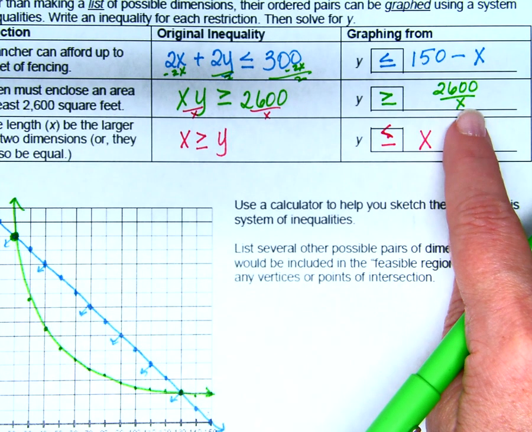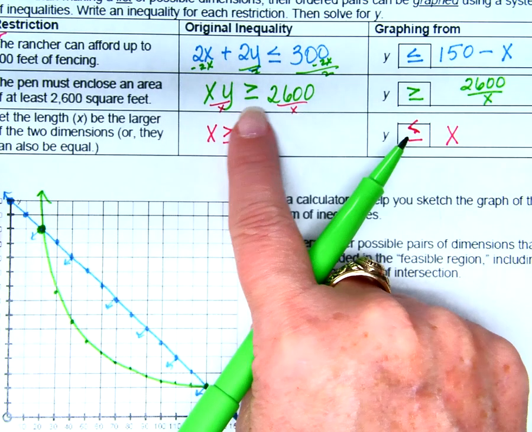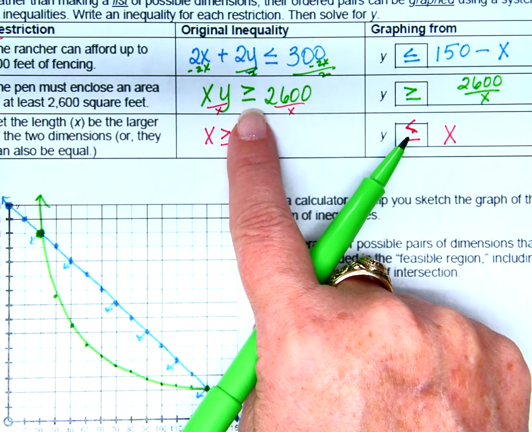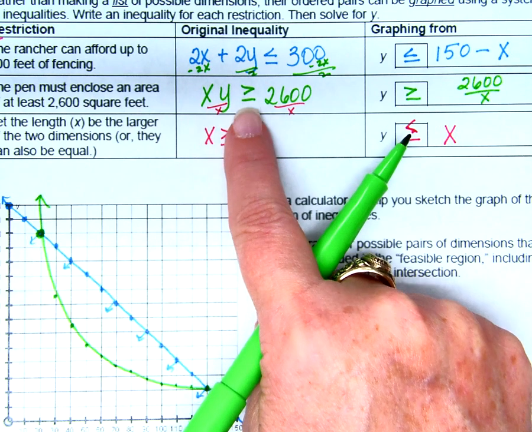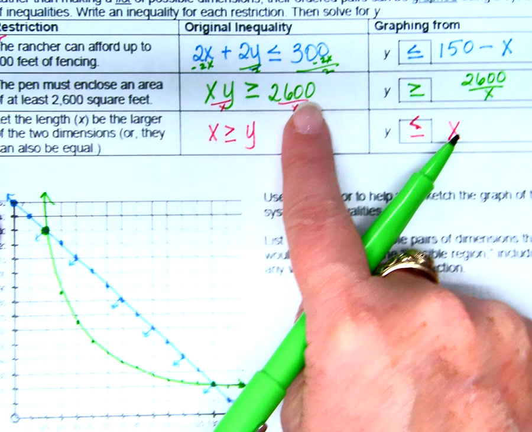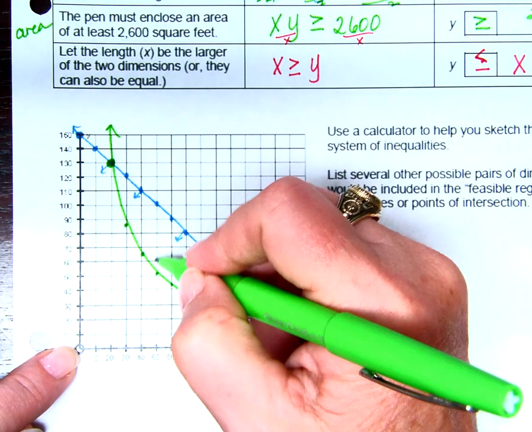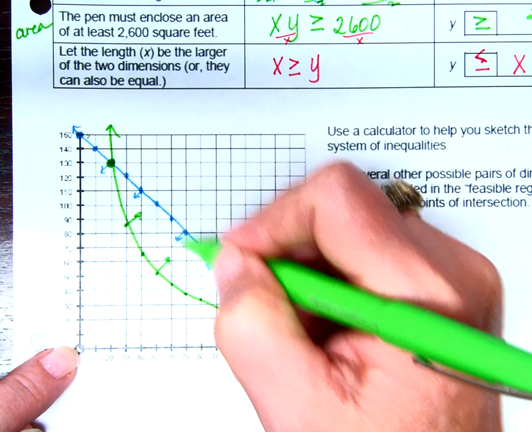I'm dividing by 0, and that makes us very sad, right? But what if I go back to this equation and plug in 0, 0? Is that okay? Is 0 greater than or equal to 2600? No, it's not, is it? Okay, so wherever the 0 is, that's where I don't shade. So I shade on the other side of where the 0 was.